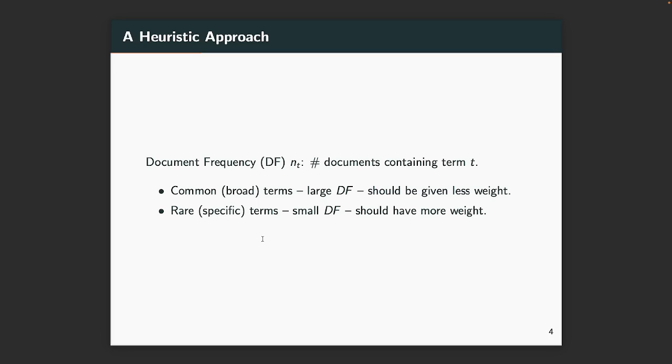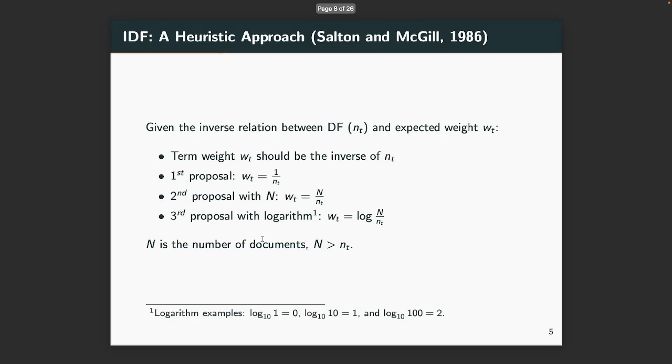So the higher the document frequency, the more documents that contain a term T, the lower the weight of the term T. So given this inverse relation between document frequency, which we denote as NT, the number of documents containing that term T, and the expected weight, which we can denote as WT, there's an inverse relation between WT and NT, okay?